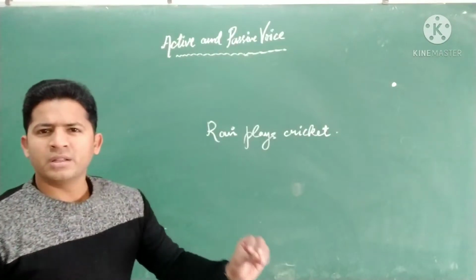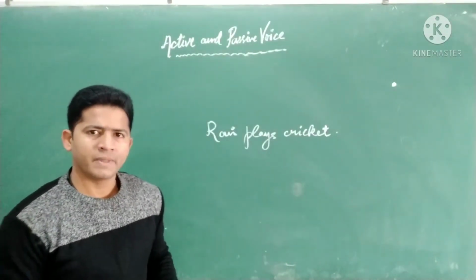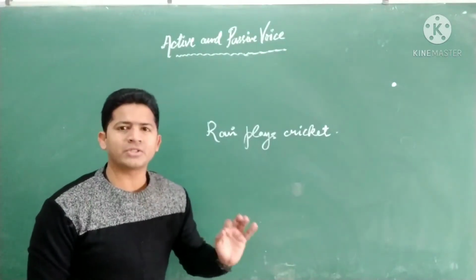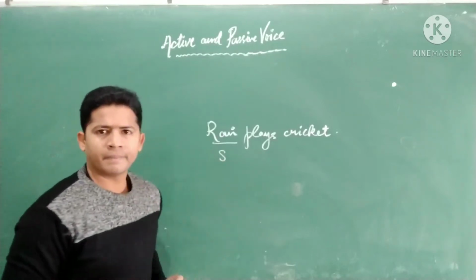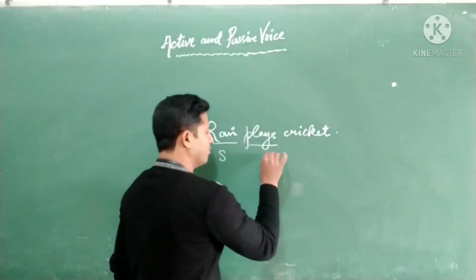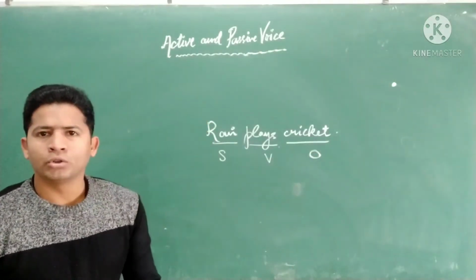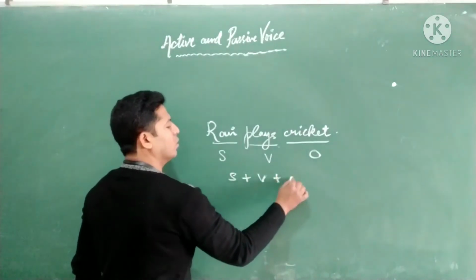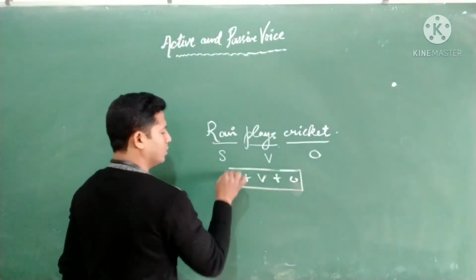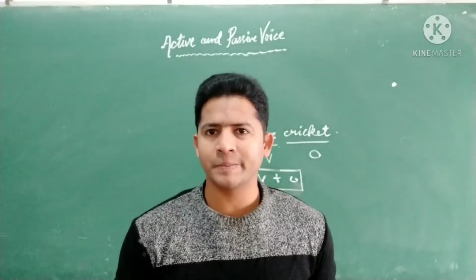This is a very simple sentence in English. If you properly examine the structure, you will find that this is the subject, then comes the verb, and then the object. So the structure which we follow in English is S plus V plus O. This is for any simple sentence in English.